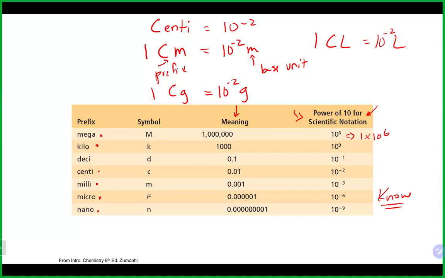The prefix is the same when you attach it: one of the prefix units equals what you have in this column. So if we were doing kilo, which is 10 to the 3, in 1 kilogram, our prefix unit, that would equal 10 to the 3 grams. Again, that is the proper way to use the values on there.